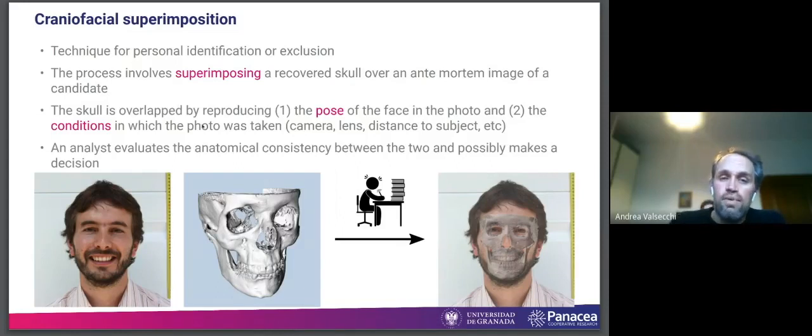And once we have created this overlay between the face and the skull, an analyst can evaluate the anatomical consistency between the two and possibly make a decision in terms of identification or exclusion. Of course, taking into account all the other information available about the case.